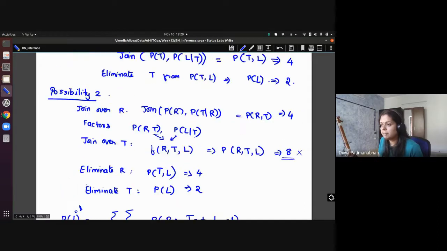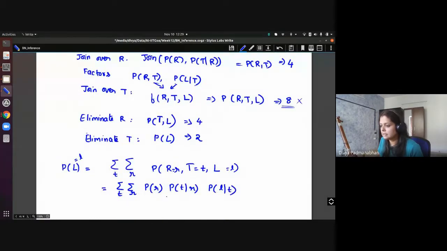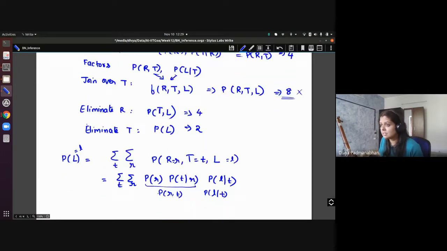What we did in possibility 2 is we did this operation first. This gave us P of R T, and we had P of L given T. So this was just a vanilla join, without doing anything smartly.